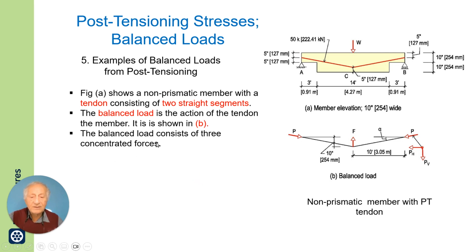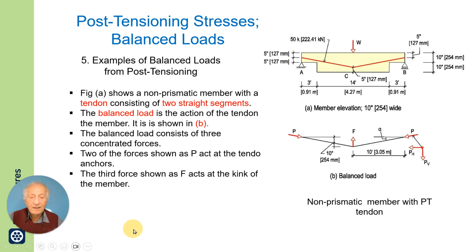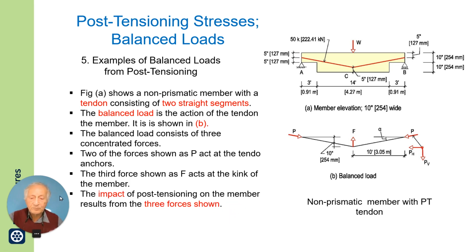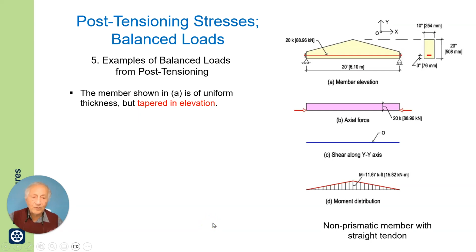Now, the balance load consists of three concentrated forces: P at the anchors, these are two of them, and F at the kink here. So these three forces are the forces that you will apply to this structure when you want to investigate the impact of post-tensioning. The impact is governed by these three forces.